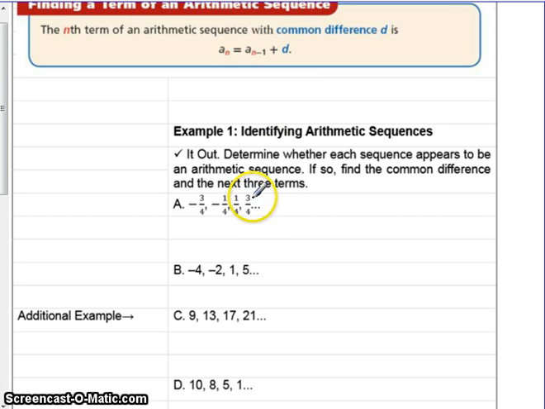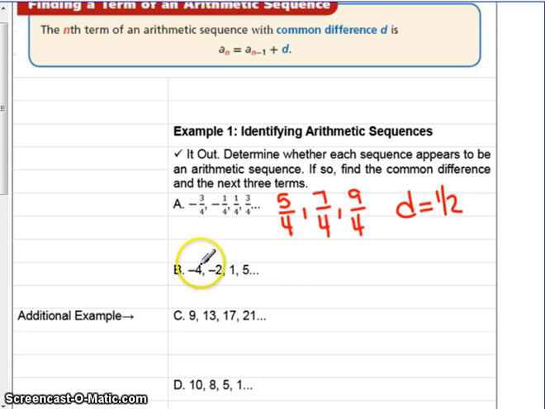So if my common difference is 1/2, I'm going to do 3/4 plus 1/2, and then this term plus 1/2, or plus 2/4 is how I'm doing it in my head, and then plus 1/2. It says find the next three terms and identify the common difference, and we determined that it is 1/2, because you're adding 1/2 each time.